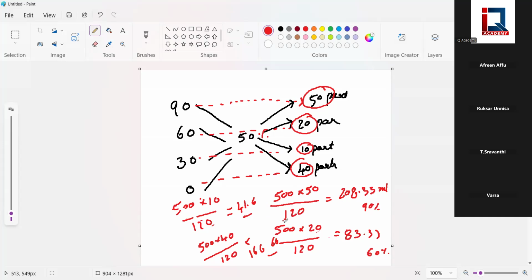So all parts are clear. 90% alcohol is taken 208 ml, 60% alcohol is taken 83.33 ml, and 30% alcohol is taken 41.66 ml, and water to be taken is 166.66 ml, mixed together to get 500 ml of 50% alcohol. Got it? Yeah. So please take a screenshot.